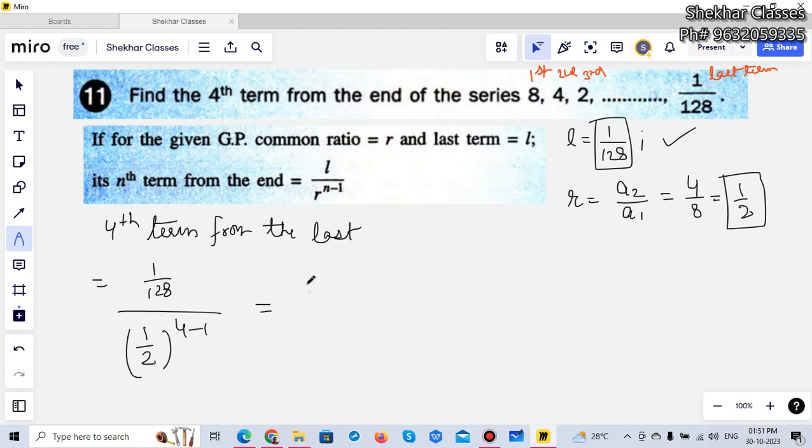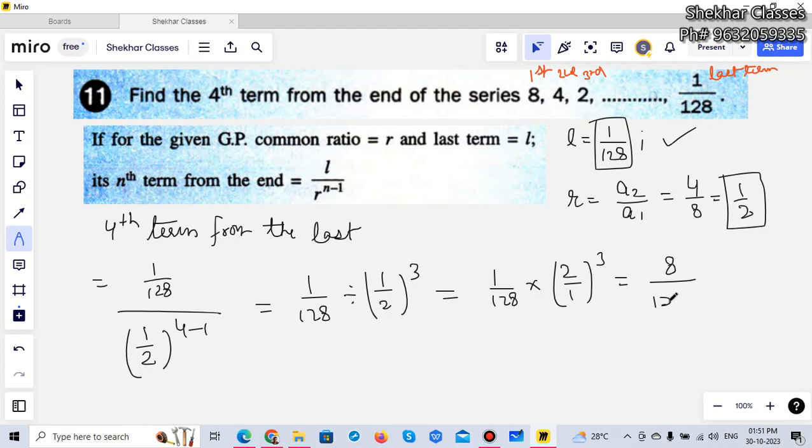So if I solve it, 1 upon 128 divided by 1 upon 2, the whole power 3. If I further solve it, it becomes 1 upon 128 into 2 by 1, the whole power 3. So 2 to the power 3 is how much? 8, and upon 128.